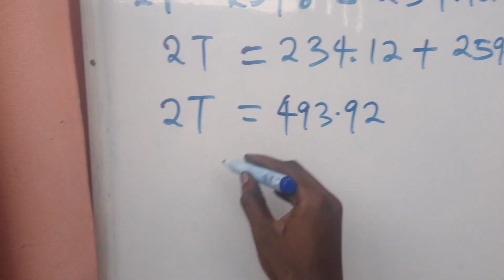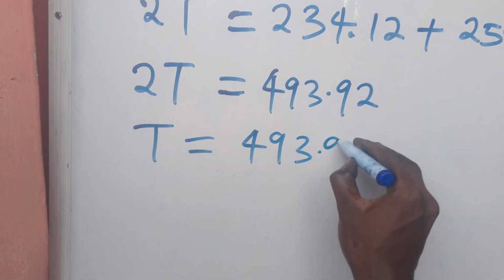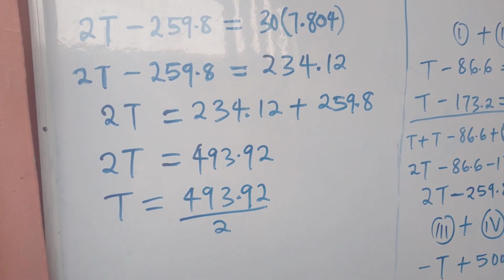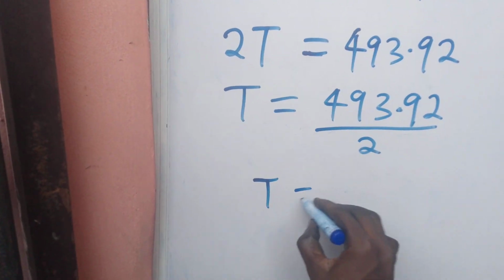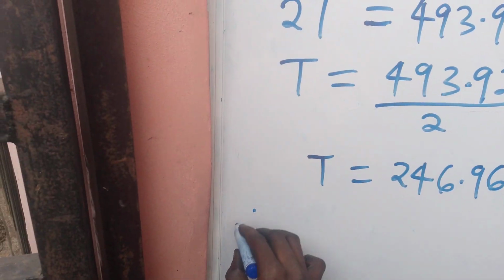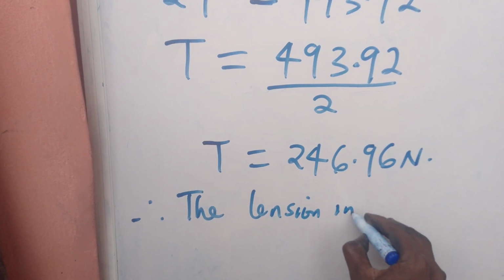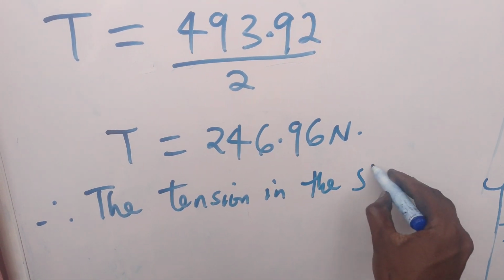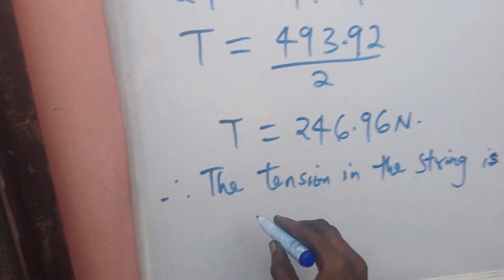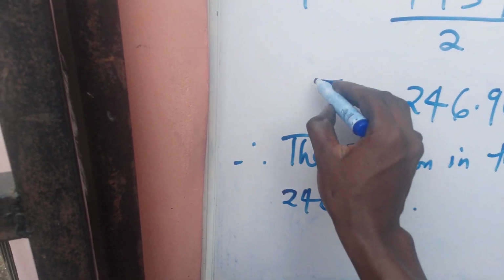Then I divide by the coefficient of t, which is 2. T equals 493.92 divided by 2, which is 246.96 Newton. So the tension in the string is 246.96 Newton.